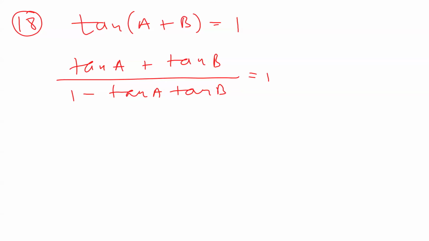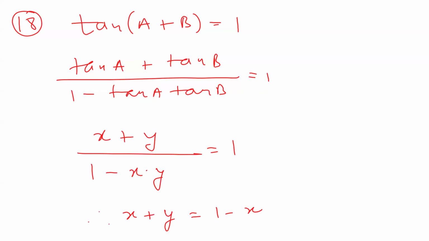So I'll do one thing for the simplicity. I'll take tan A as x, and tan B as y. 1 minus x into y, which is equal to 1. Therefore, x plus y is equal to 1 minus xy, and this is equation number 1.